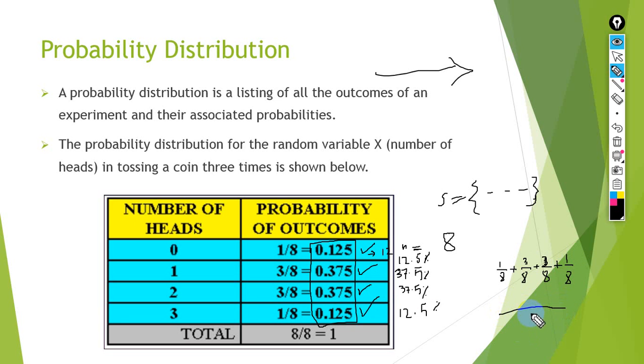We can take 8 as the LCM, so 1 plus 3 plus 3 plus 1 is equal to 8 divided by 8. So the total probability should always equal 1.